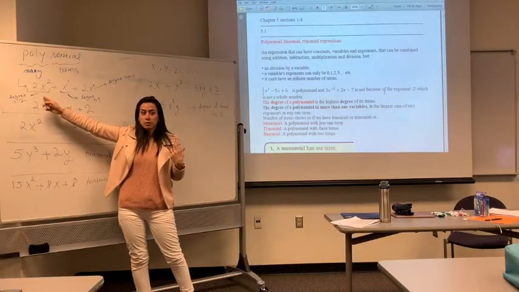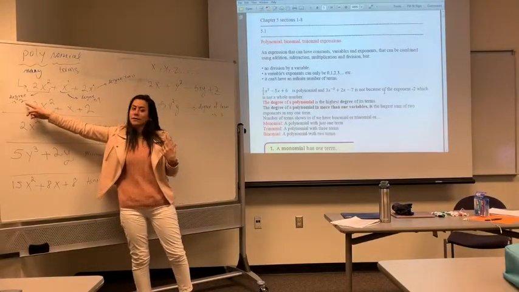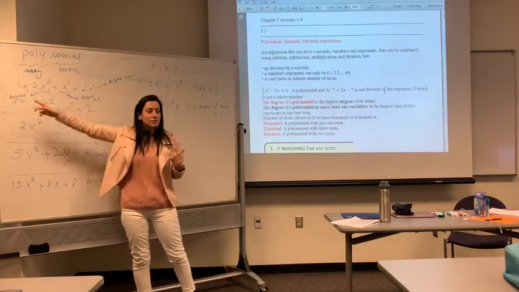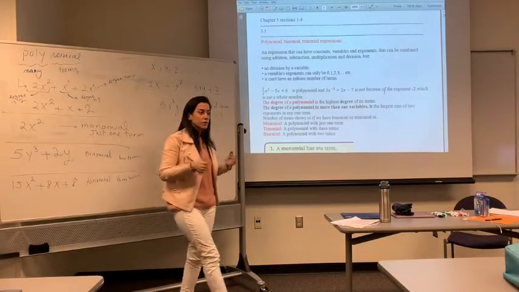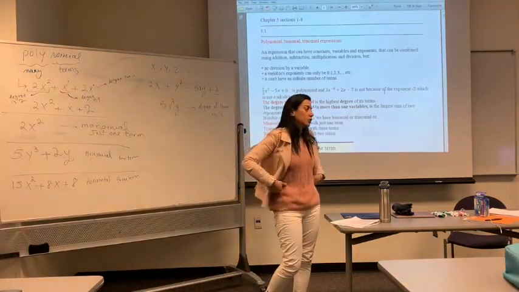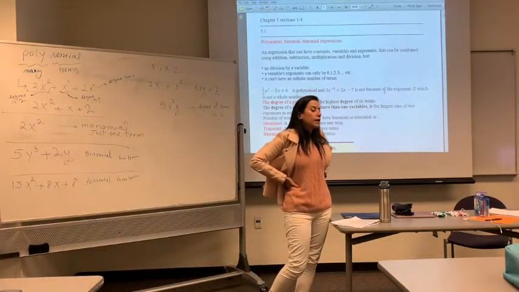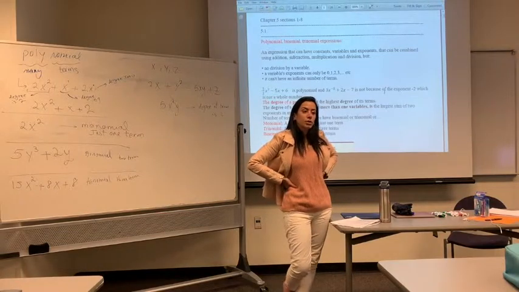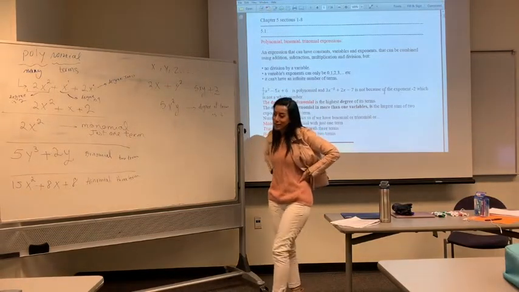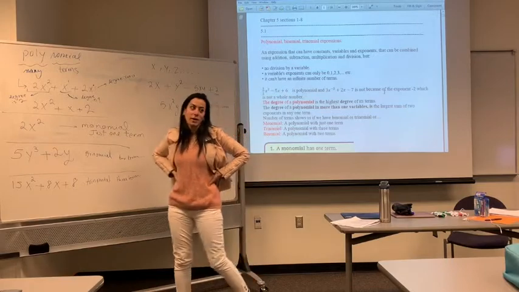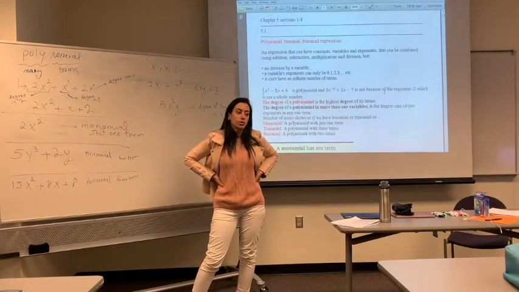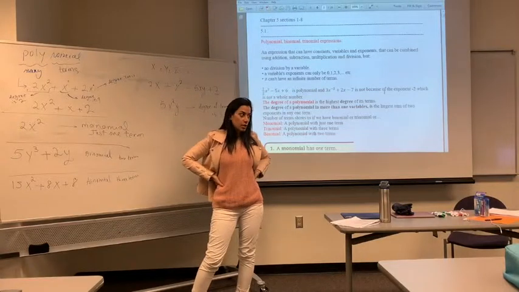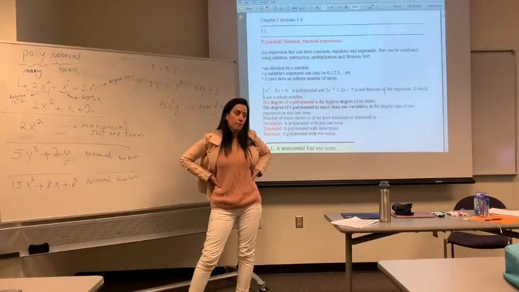So we say the degree of this polynomial is 2, because the highest degree of the terms is 2. Whenever I ask you what is the degree of a polynomial, you should see which term has the highest degree.